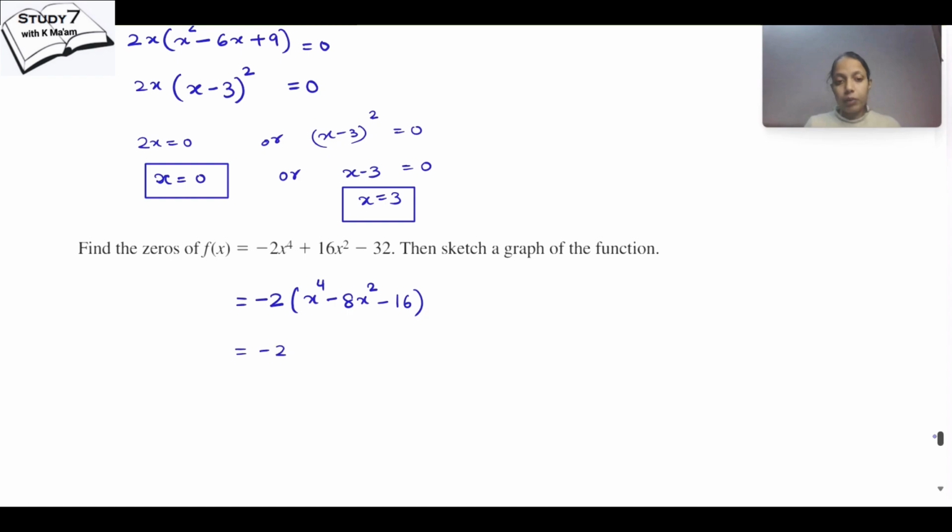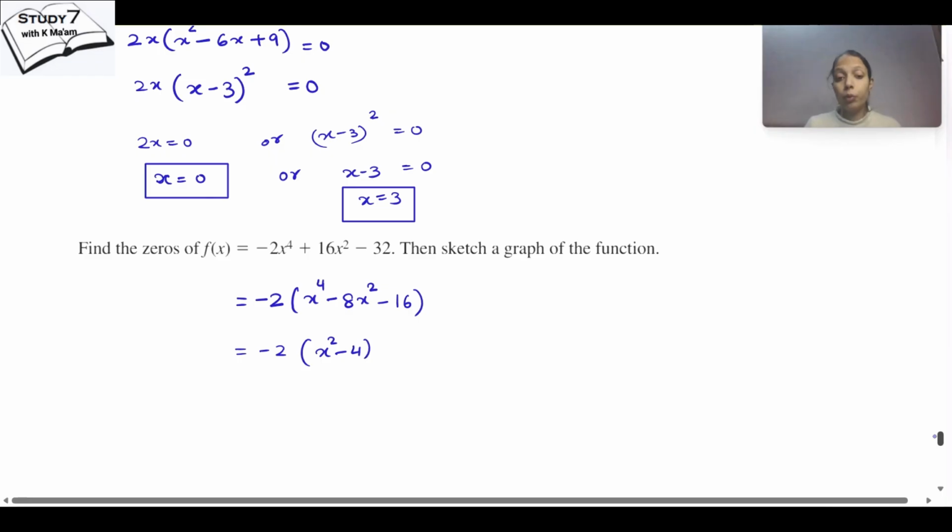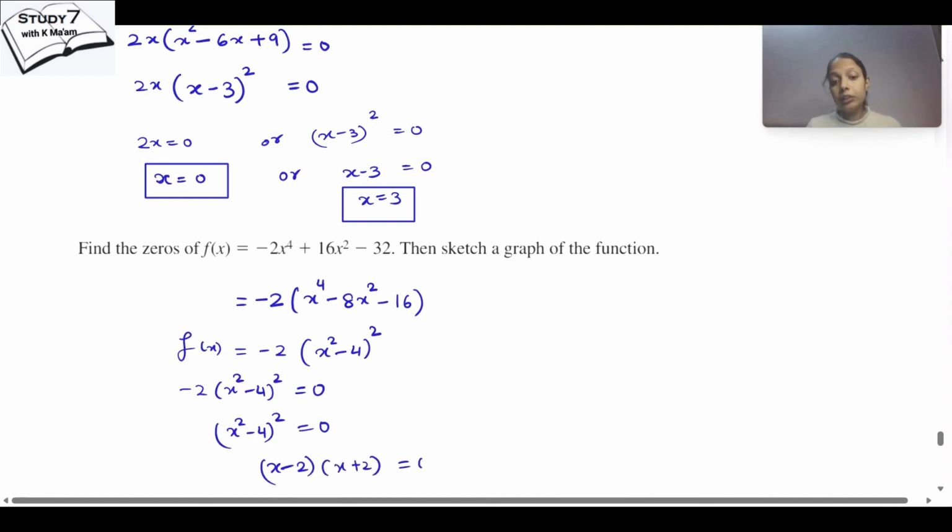Can you factorize it more? So this is x squared minus 4 whole squared. And as I want a solution, I have to keep this term equal to 0. So you will get x squared minus 4 squared equals 0.